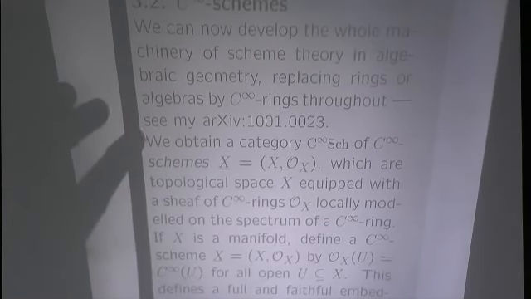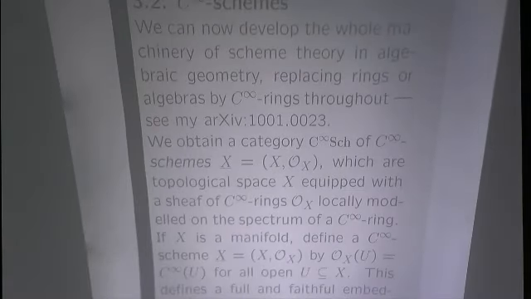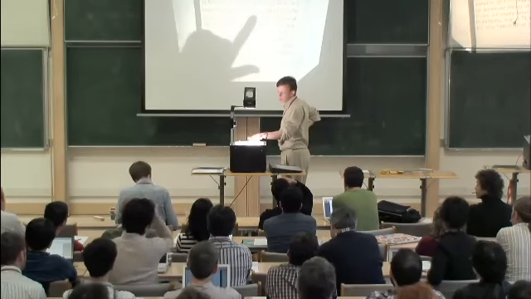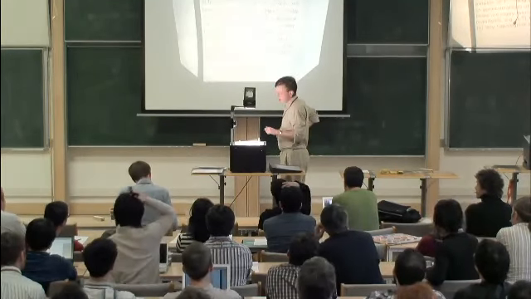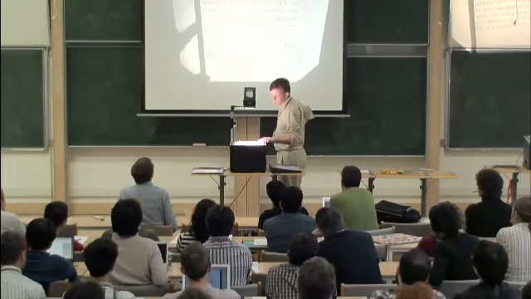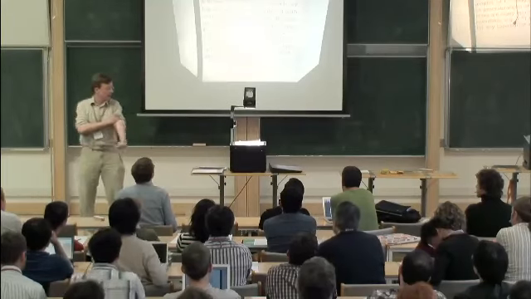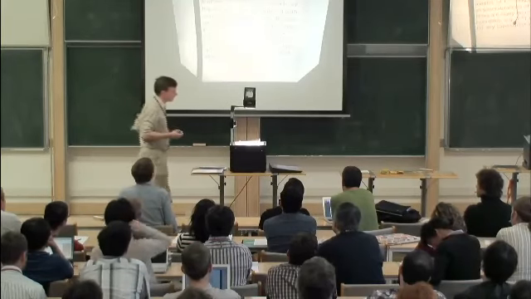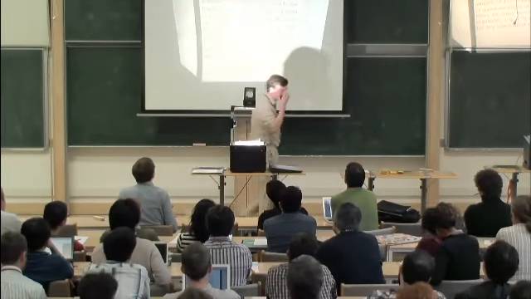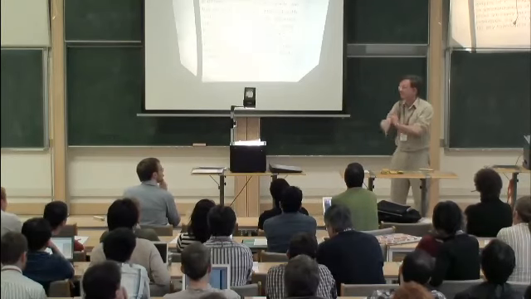So we obtain a category, C-infinity schemes, of C-infinity schemes (X, O_X), where a C-infinity scheme is a topological space X and a sheaf of C-infinity rings, O_X, on X, which is locally modelled on the spectrum of a C-infinity ring. So the appropriate notion of spectrum here: in algebraic geometry, the points are prime ideals.